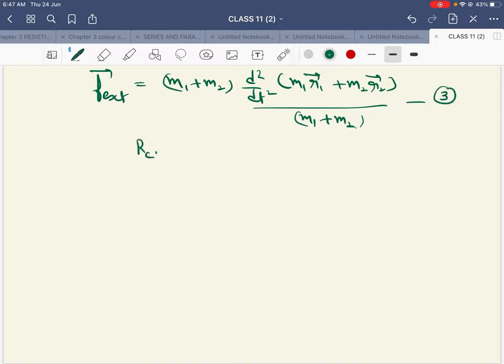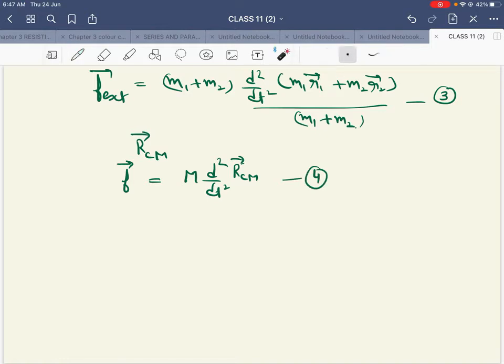Now if r is the position vector of the center of mass of a two particle system, then according to the second law of motion, F is equal to m into d square r upon dt square, where r is the center of mass. This is equation number 4. Now compare equation number 3 and 4.